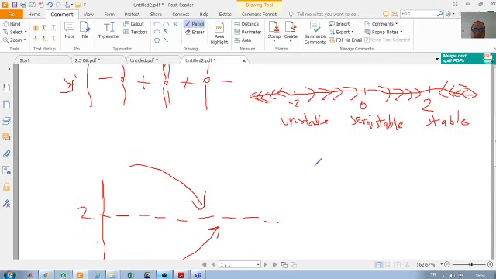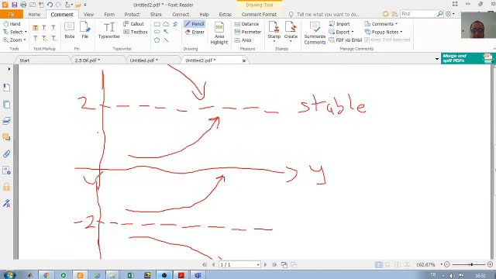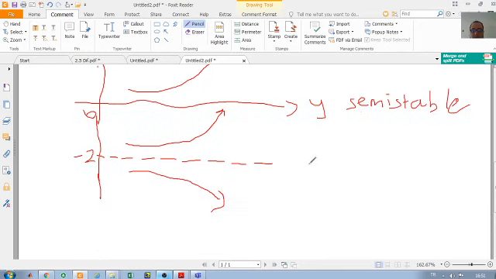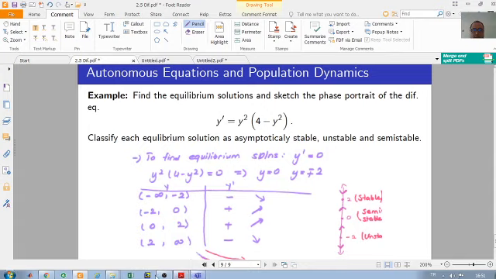So you see the number 2 is a stable equilibrium solution, 0 is semi-stable, and minus 2 is an unstable equilibrium solution. Thank you very much.